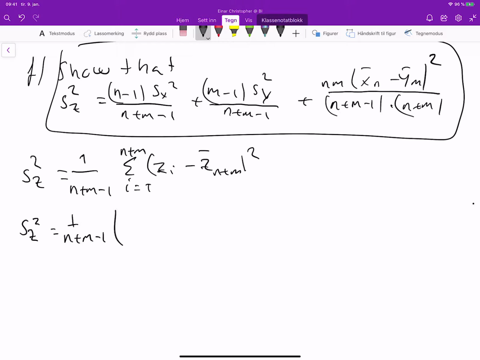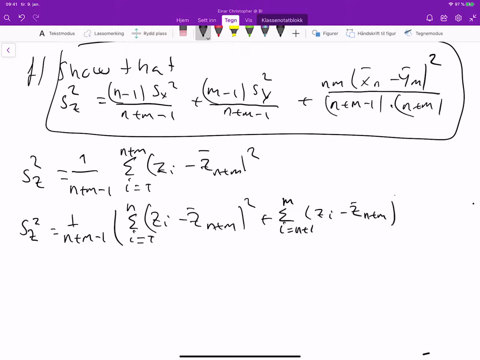And I just split the sum first by doing like this: the sum i equal 1 to n of z_i minus z bar n plus m in the power of 2, plus the sum i equal n plus 1 to n plus m of z_i minus z bar n plus m in the power of 2.